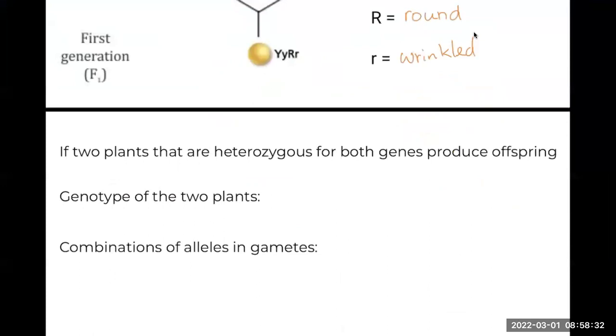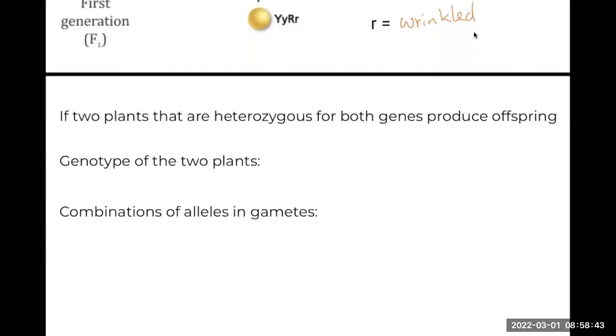Now let's say you have 2 plants and they're heterozygous for both genes and they're trying to produce offspring, what kind of ratios are you going to see? Now here's your answer. Genotype of the 2 parents, if I tell you they're heterozygous for both genes, that means they will have this.